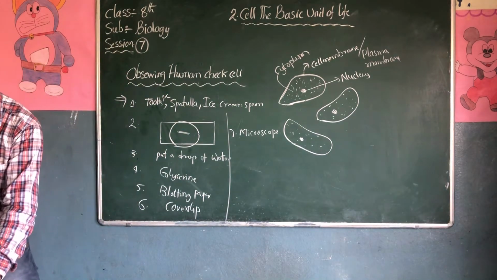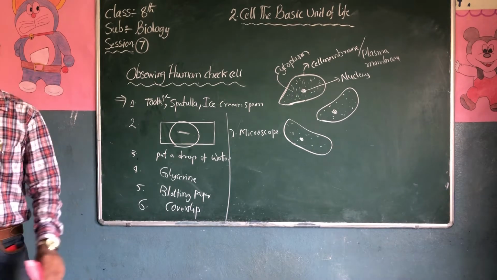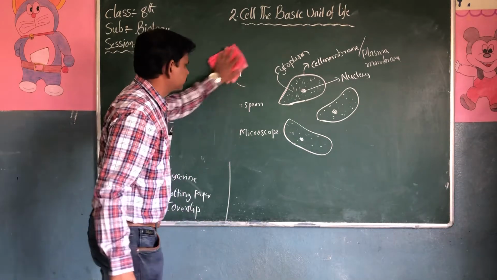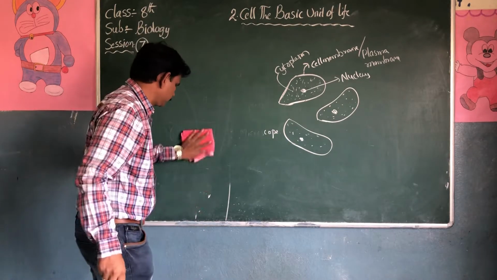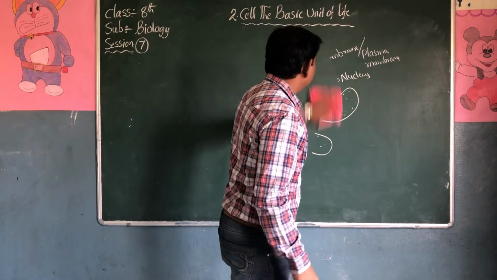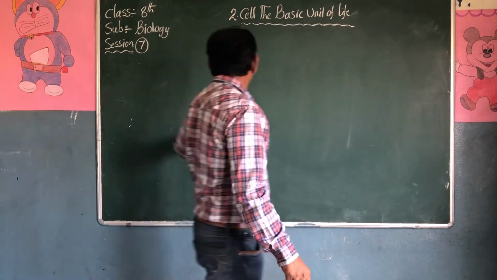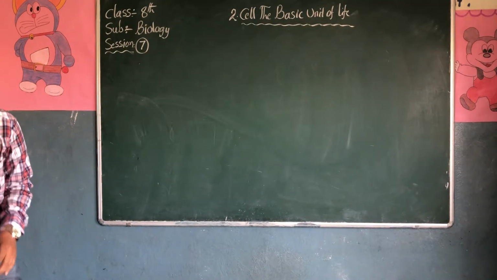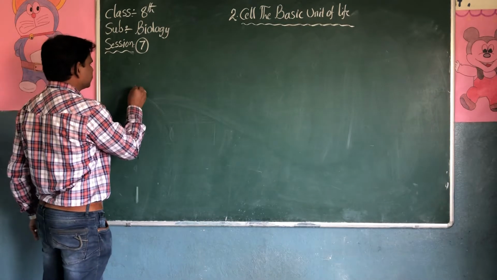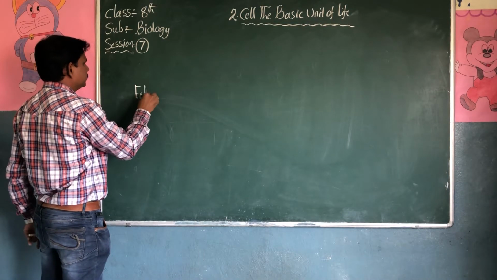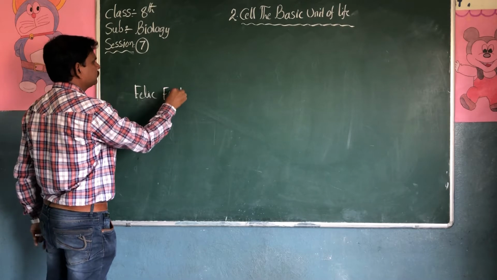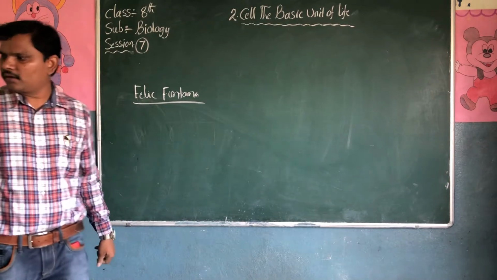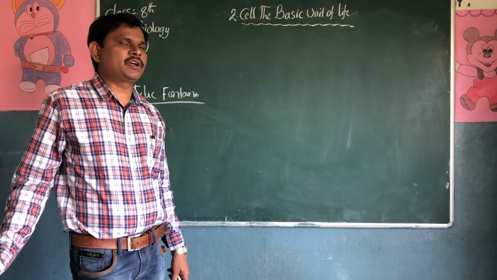Next we will discuss the observation of nucleus in onion. Before discussing that, Felix Fontana made a discovery of significant observation of the nucleus.